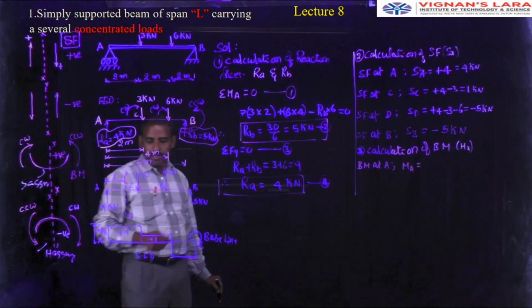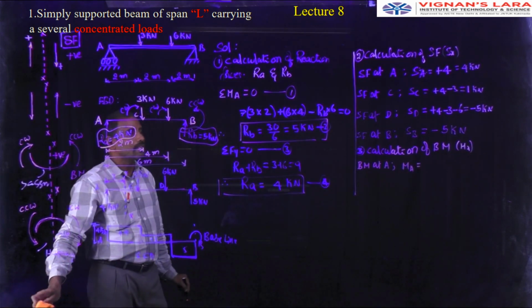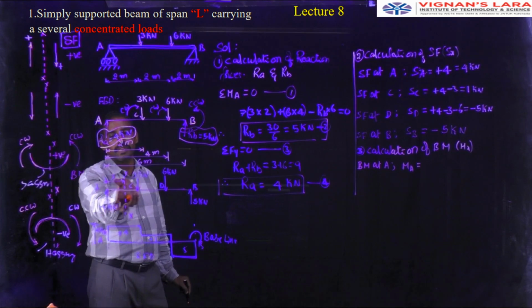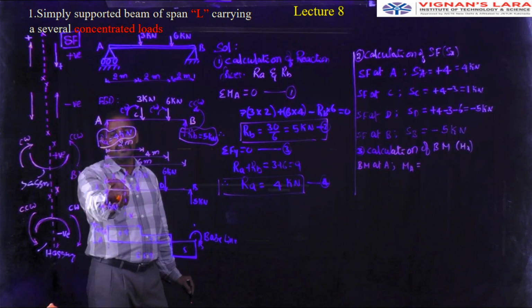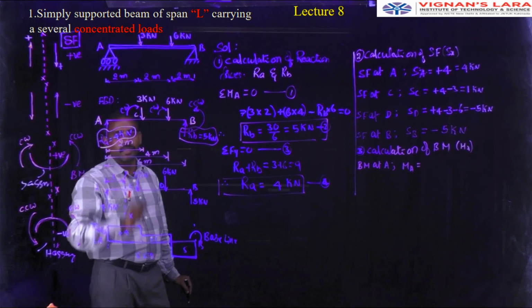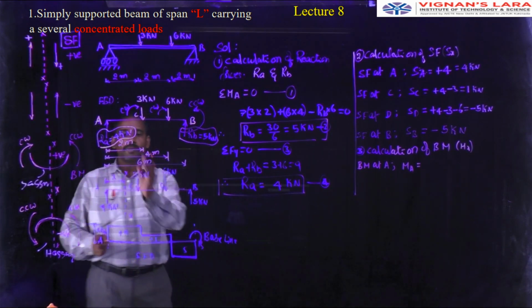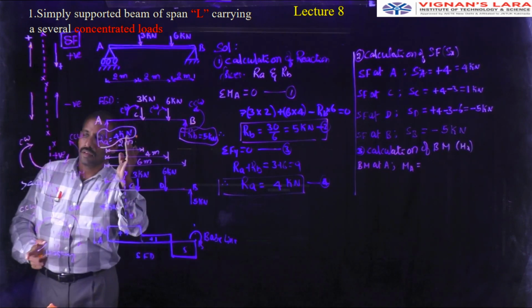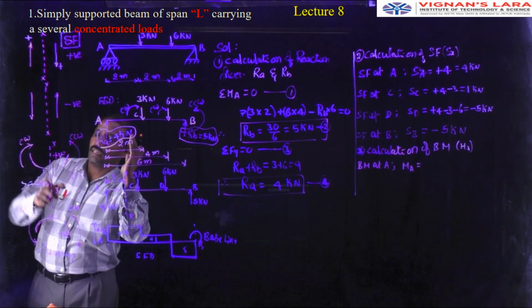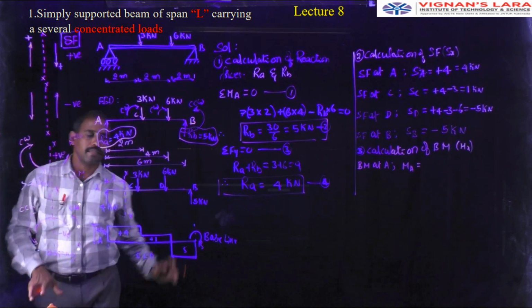Before going to that, better to write the equation. You know the perpendicular distance from the section XX to the line of action of the 4 kilonewtons is x. The magnitude of the moment of the force 4 kilonewtons is 4 into x. Again, it produces a counterclockwise moment with respect to the section XX, that is sagging, taken as positive.